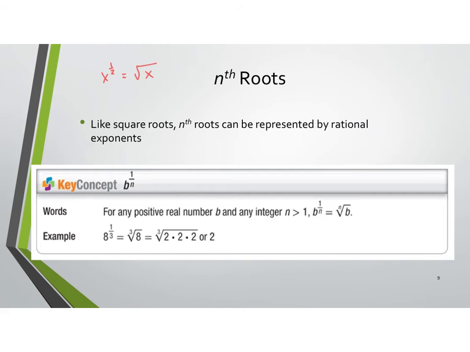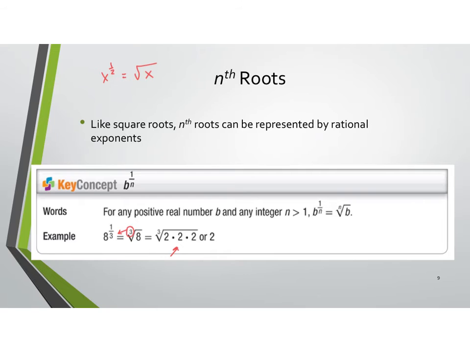The way it works is that whatever number is inside the check mark goes into the denominator of your fraction, and vice versa. Whatever number is in the denominator of the fraction goes into the little check mark. And then don't forget, just like last time, once you rewrite something in radical form, you still have to simplify to get your complete answer.